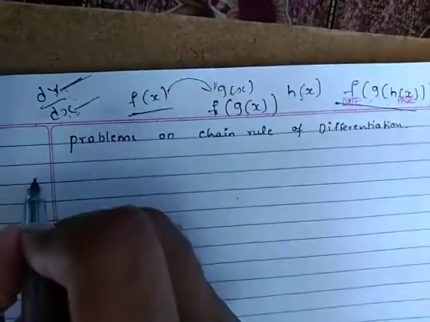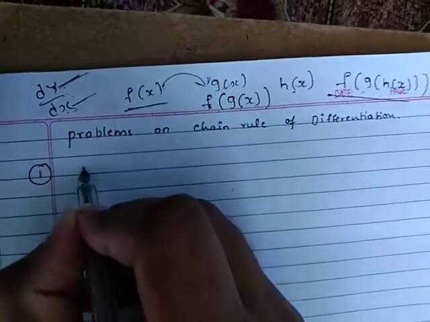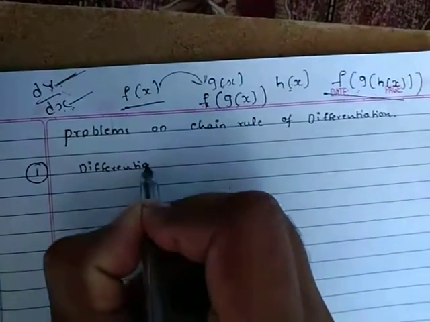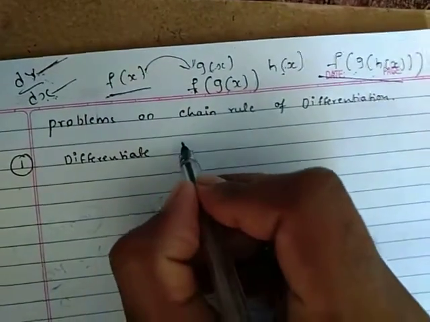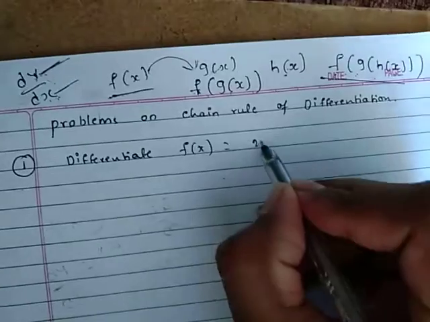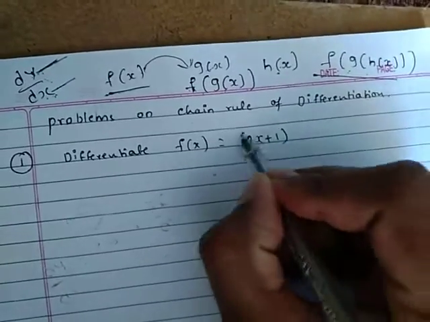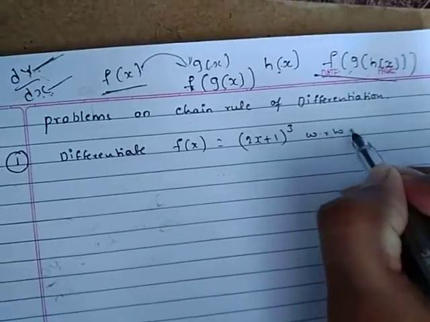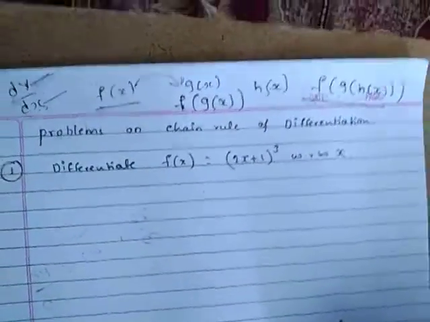So the first problem on this one. Differentiate f of x is equal to 2x plus 1 whole cube with respect to x.